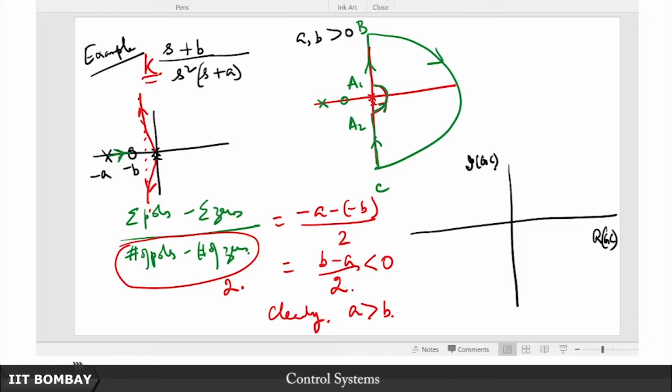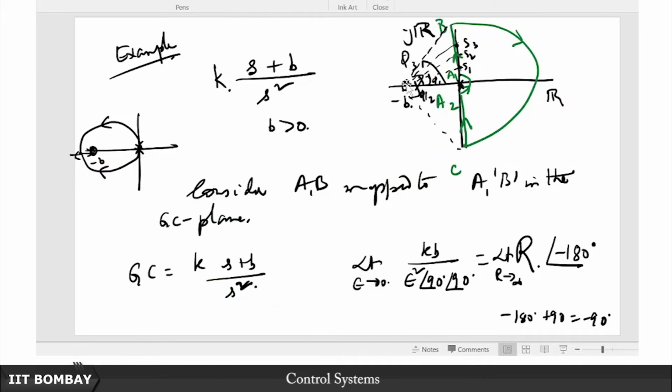Now with this sort of a contour, we want to map this point A1 on the GC plane. So where does A1 map to? Let us look at the phase. The phase of this point, just like in the previous example, is minus 180 degrees, because of the double integrator. Just like in the earlier example, this additional 0 did not contribute any phase.